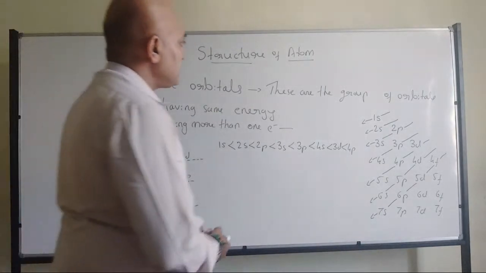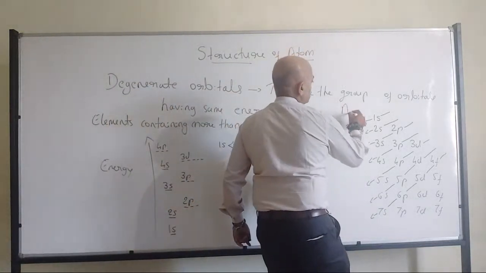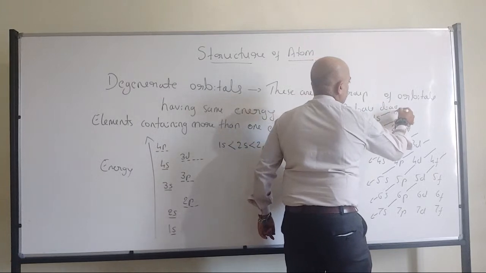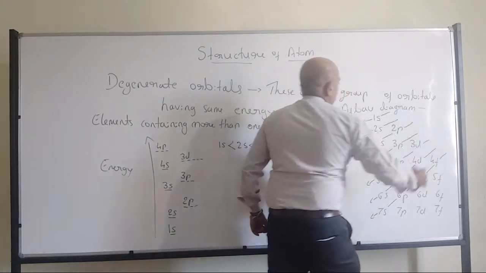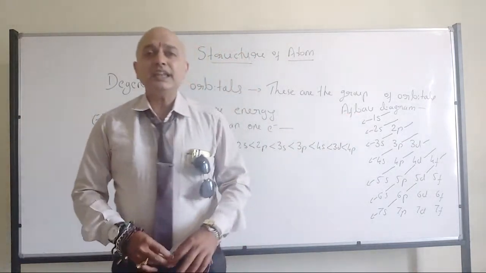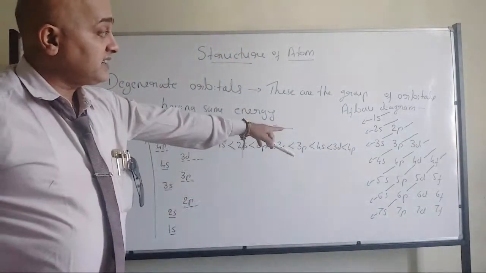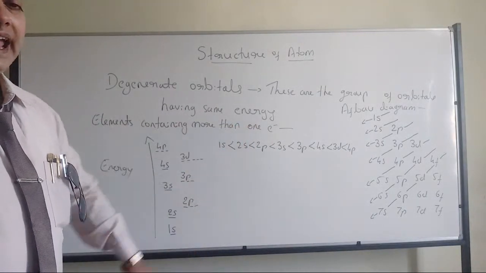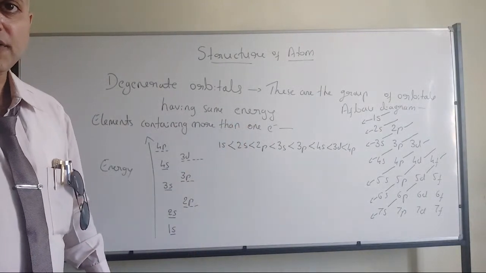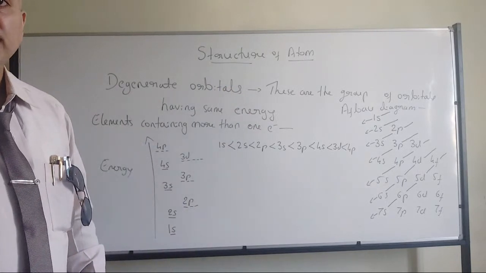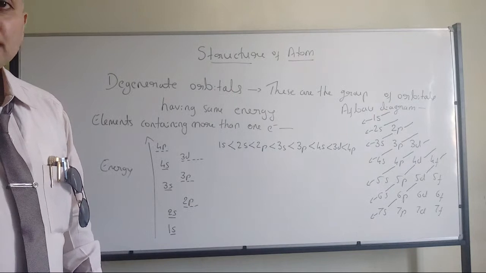It is not Off-bow, it is the Aufbau diagram. It's there in your textbook, don't worry. You have to practice this. If you know this, then for any atomic number they give, you can easily write the electronic configuration without any mistake.